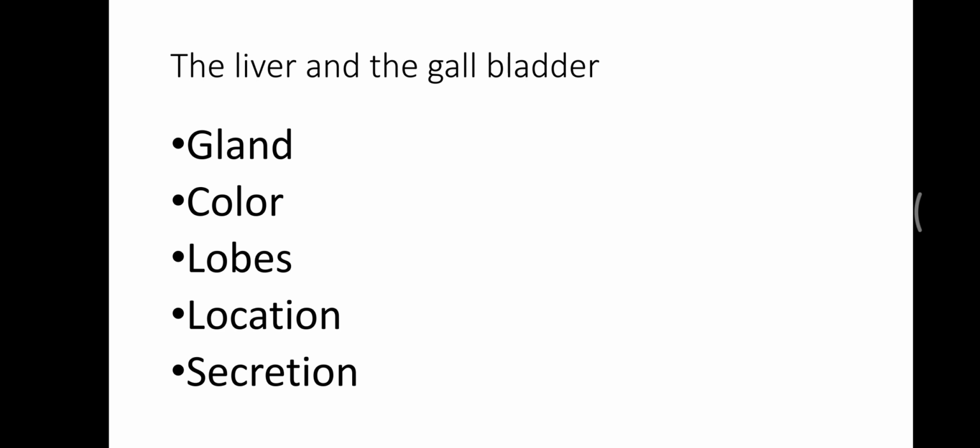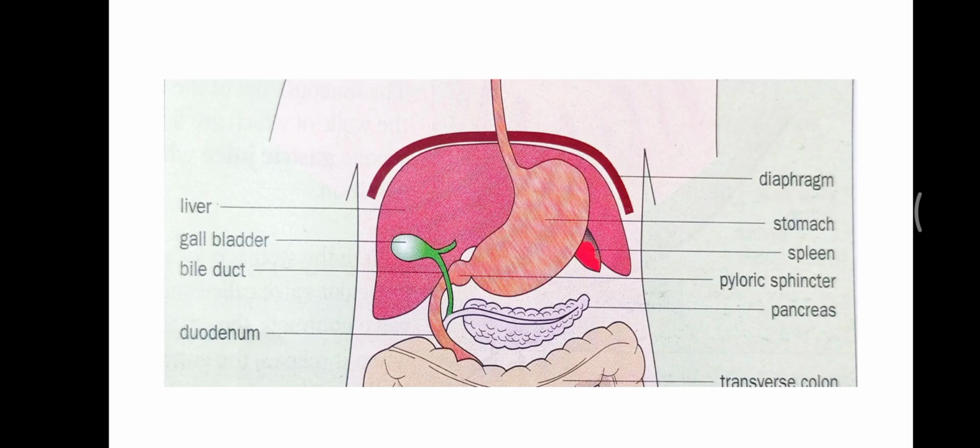So out of these 5 lobes, 3 lobes are present on the right side and 2 lobes are present on the left side. If we talk about the location of liver, then we can say, students, this is your liver, this pink or red color part.